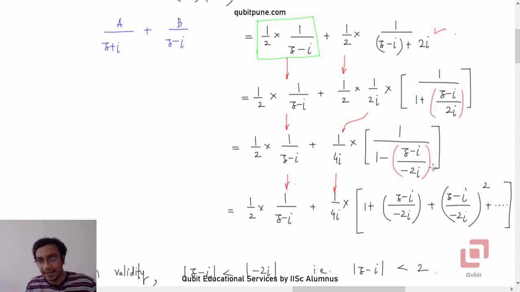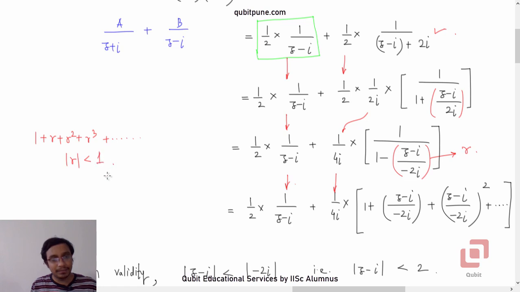This is exactly acting like the common ratio r. So for 1 upon 1 minus r, the associated geometric series is 1 plus r plus r squared plus r cubed and so on, and this series represents the term 1 upon 1 minus r only when mod r is less than 1.